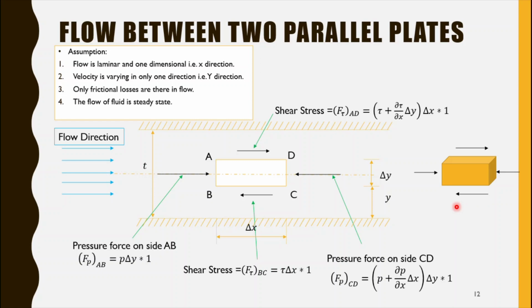Why? Because shear stress always acts in a couple. In the case of the tube, only the outer surface area was in the calculation; the inner surface area was not needed. But here, due to the rectangular shape, shear force acts as a couple, and that affects the flow of the fluid.